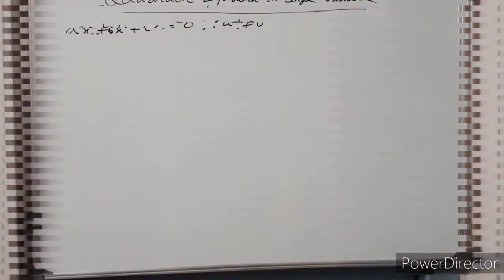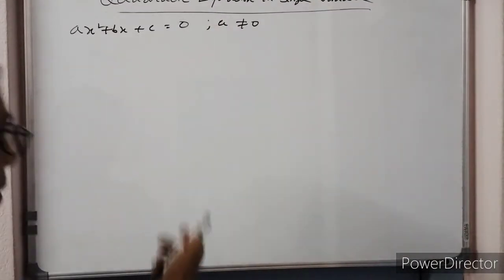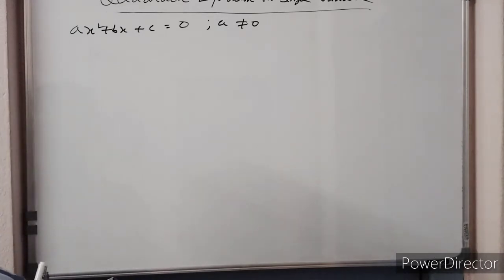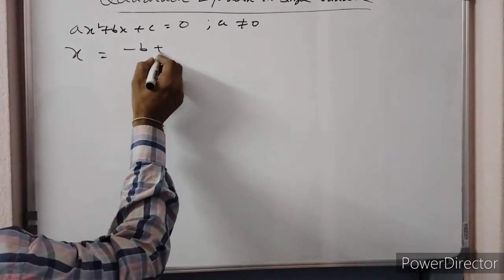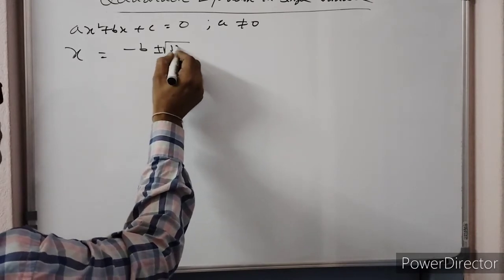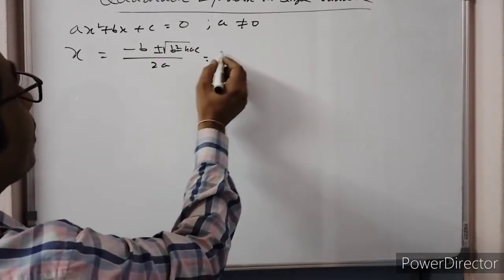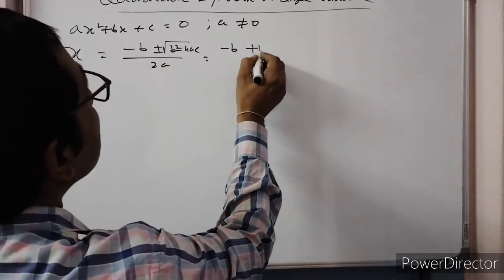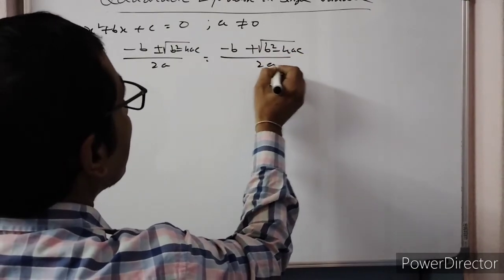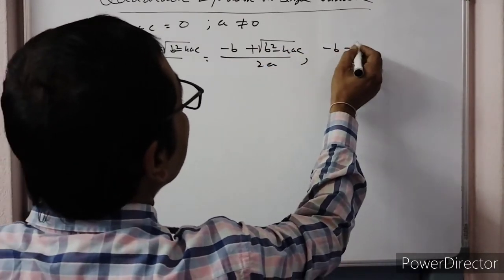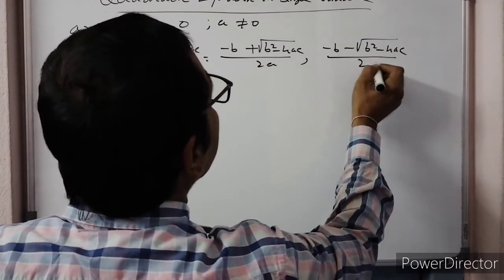Next, ax square plus bx plus c equal to 0, a not equal to 0, is a quadratic equation. From Sridharacharya's formula, the roots of the equation are minus b plus minus root over b square minus 4ac by 2a. It can be written as minus b plus root over b square minus 4ac by 2a, and the other is minus b minus root over b square minus 4ac by 2a.